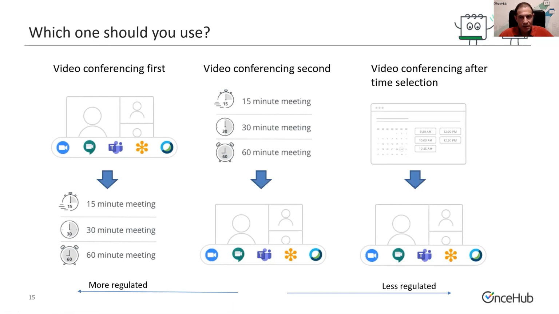If it's a highly regulated industry, or maybe a very big corporate with strict rules, then I think it is probably the better idea to show the selection of video conferencing tools up front, because without it, people may be wary about scheduling with a tool and not being able to get the video conferencing tool that they can use. So the more regulated, the more I would bring the selection of video conferencing to the front.